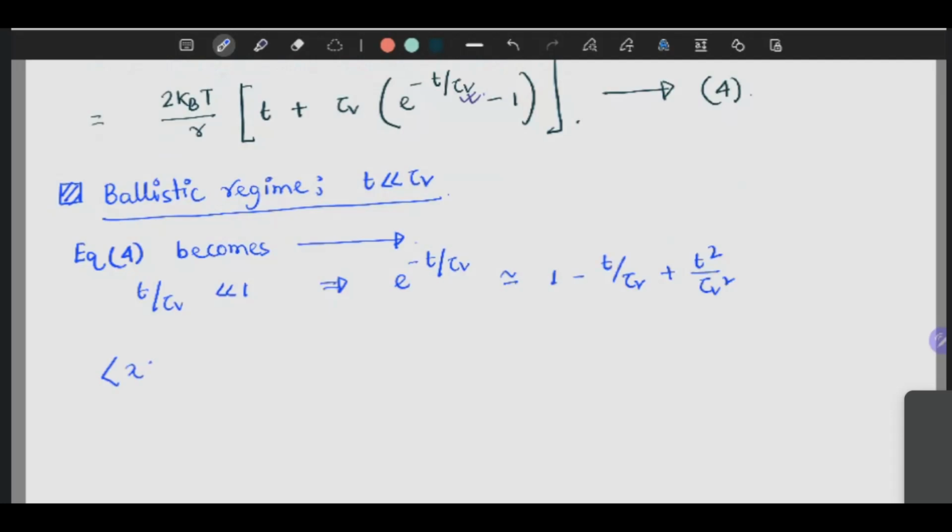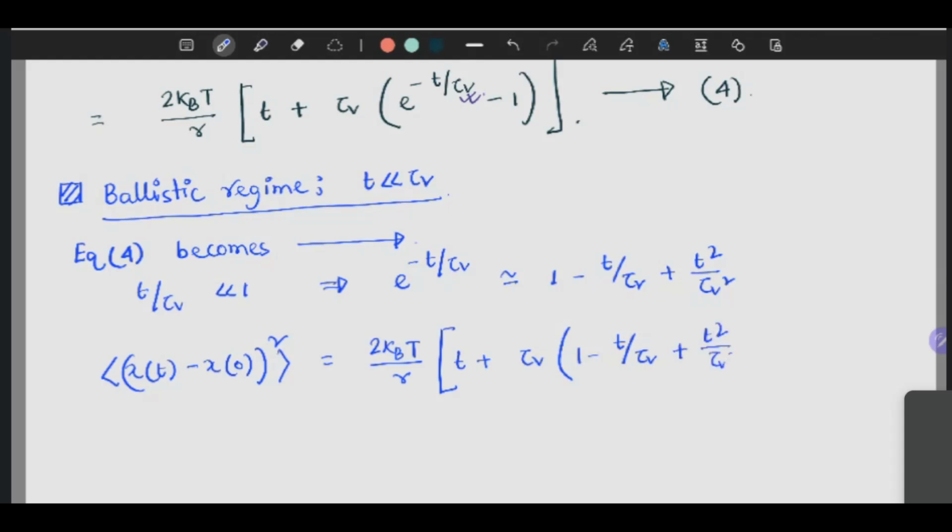x t minus x naught whole square is equal to 2 kBT by gamma times t plus tau v times, if you replace this, minus t by tau v plus t square by tau v square minus 1.